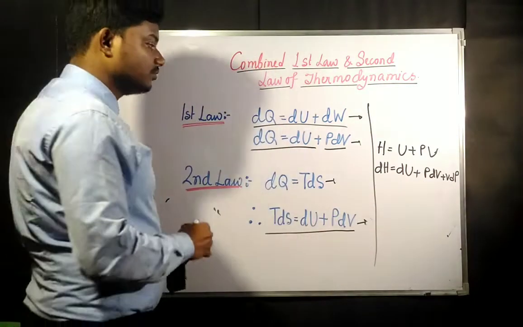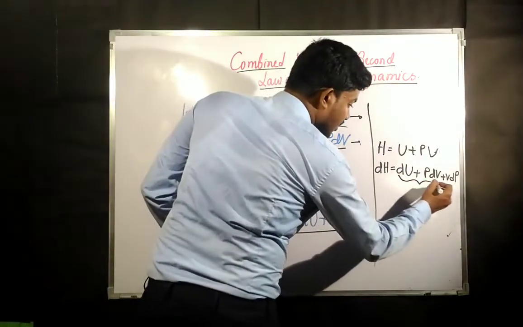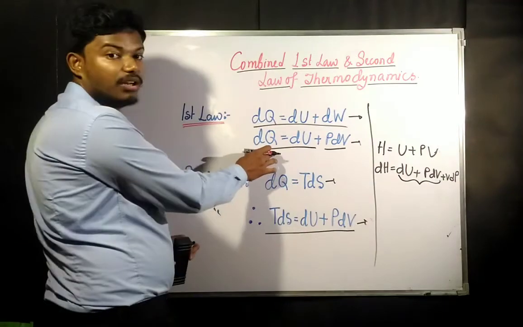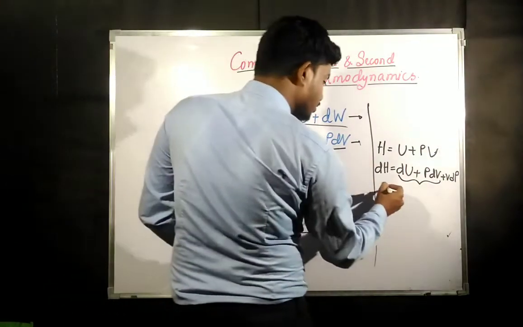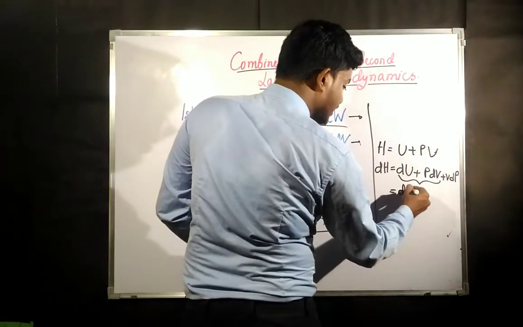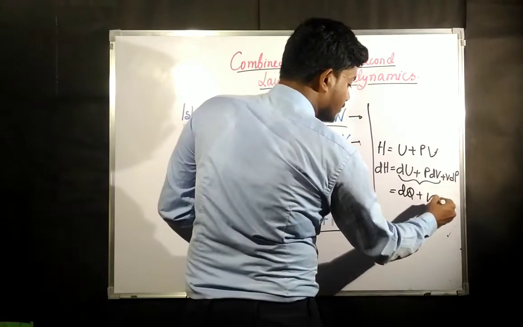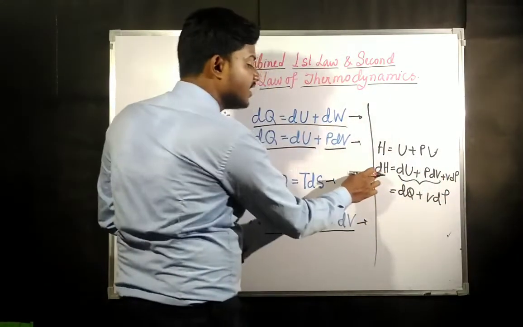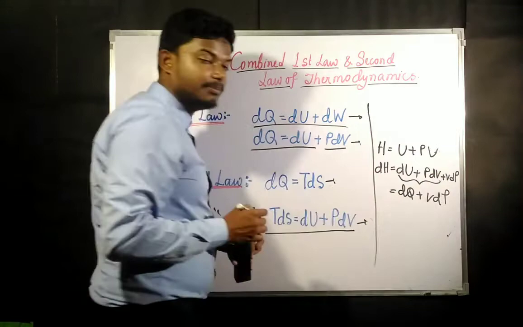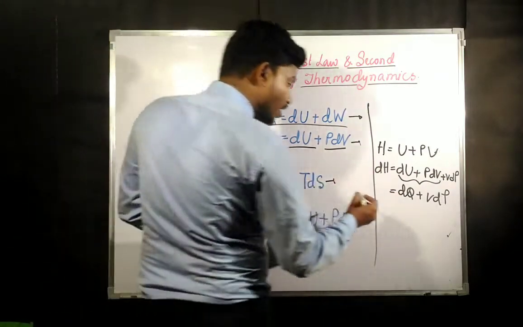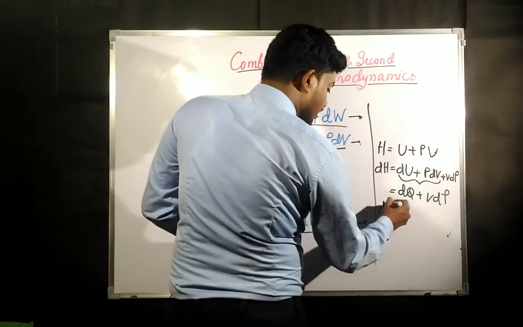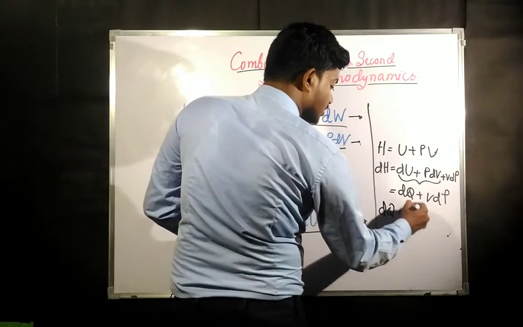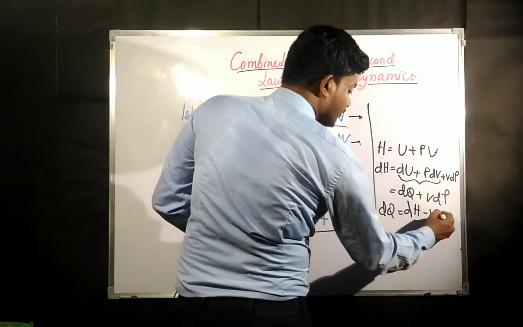Now dU plus PdV is going to be your dq. So you can directly write dH equals dq plus VdP. From here you can write dq equals dH minus VdP.